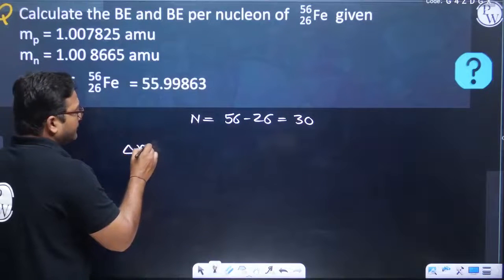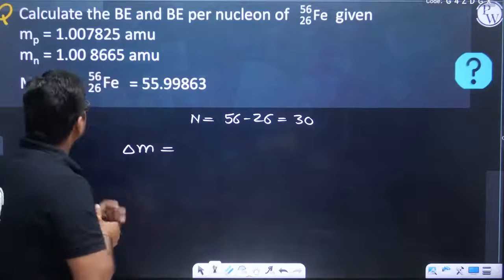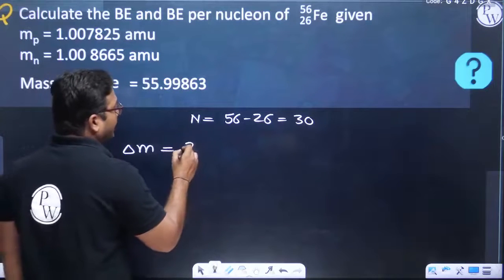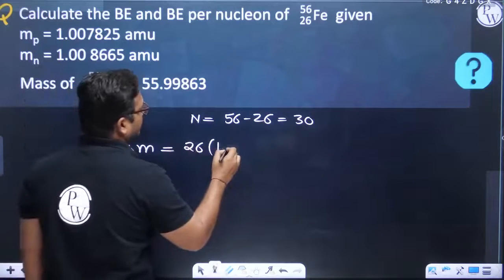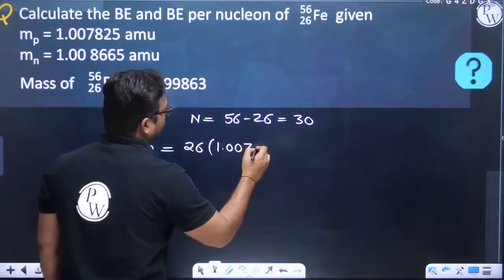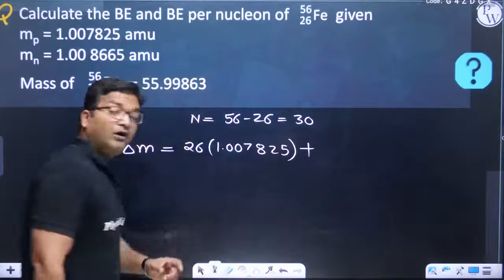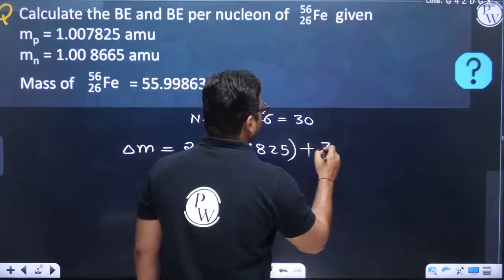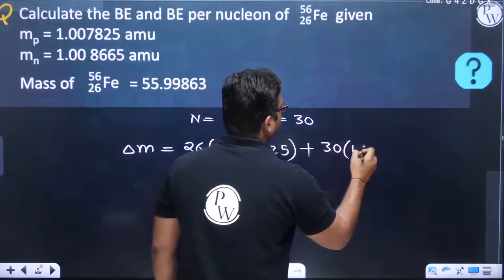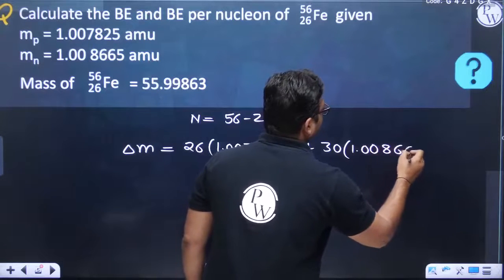Okay, mass defect. As we know, there are 26 protons. So the mass of total protons is 26 times the mass of one proton, which is 1.007825, plus the mass of all neutrons, which is 30 times 1.008665.